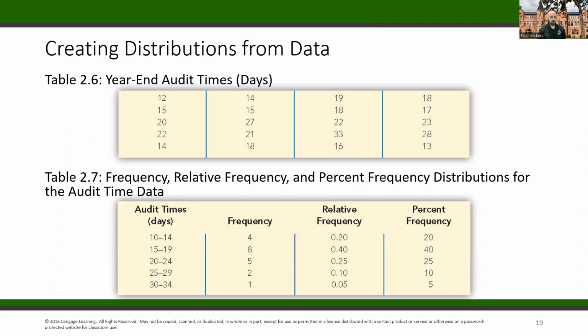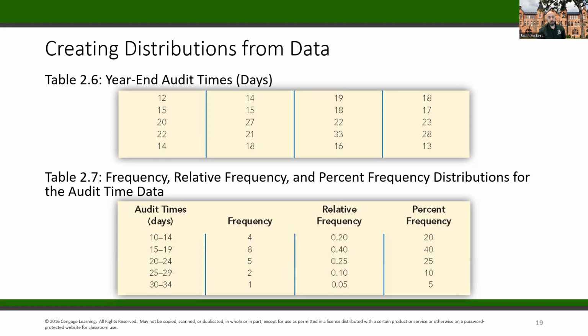And from there, we count the number of observations that were in 10 to 14. We can do this easily in Excel, but if you're doing it by hand, you would just do tally marks as you're going and say that, okay, 4 of them were in the 10 to 14 days is how long it took us. And we can find out that the most frequent is going to be 15 to 19 days.